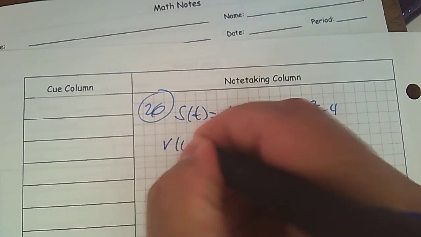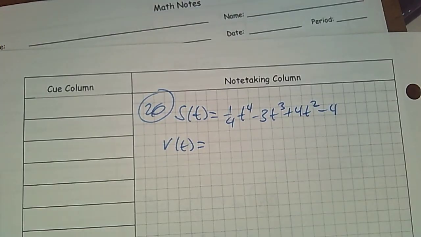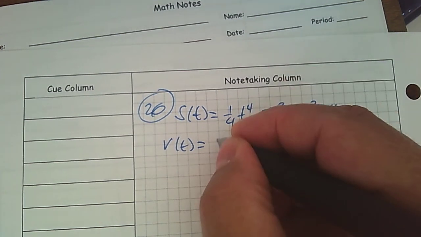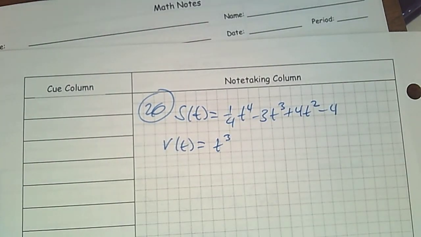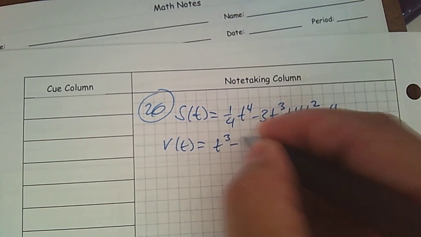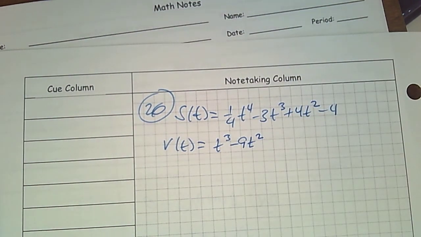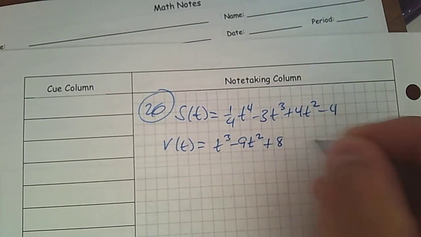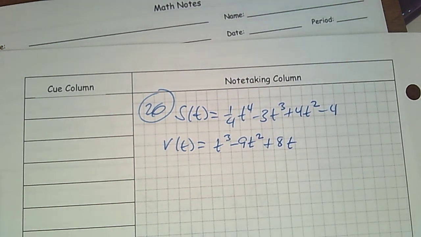So we need to find the velocity. So 4 times a quarter, that's 1. So it's 1t cubed. 3 times negative 3 is negative 9t squared. 2 times 4 is 8. And then negative 4 is 0.